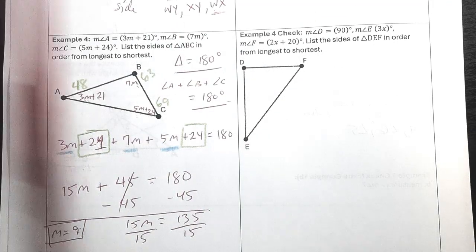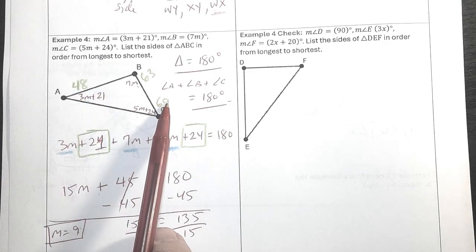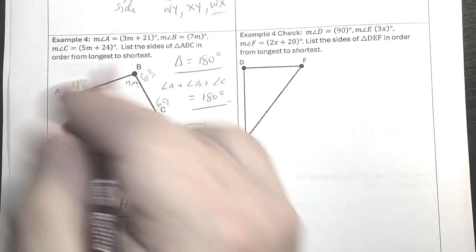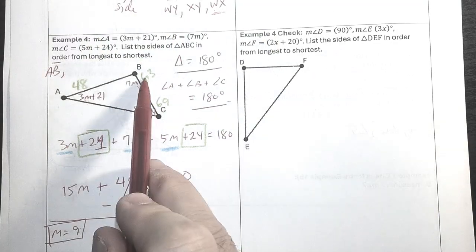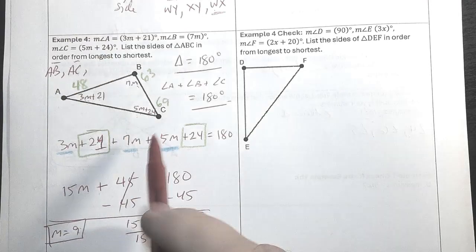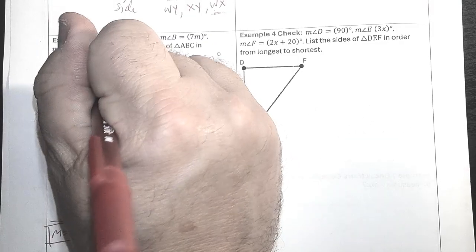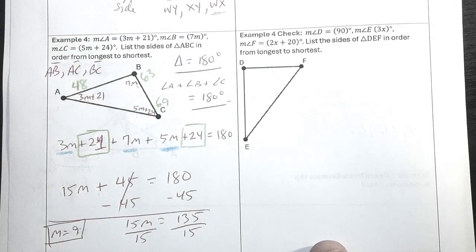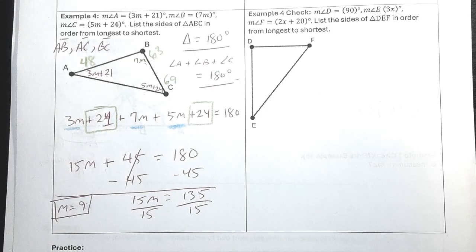So now we can see our angles. So now we can list the sides from longest to shortest. So biggest angle, biggest side. So AB. Then your next biggest angle was B, so it's AC. And then shortest is this angle, which the shortest side is going to be BC. So we had to do this to find this so we could give it that.